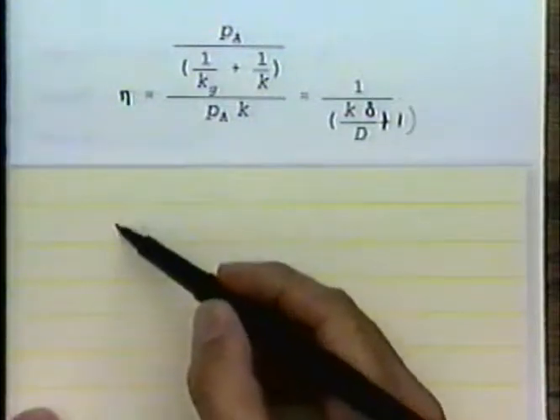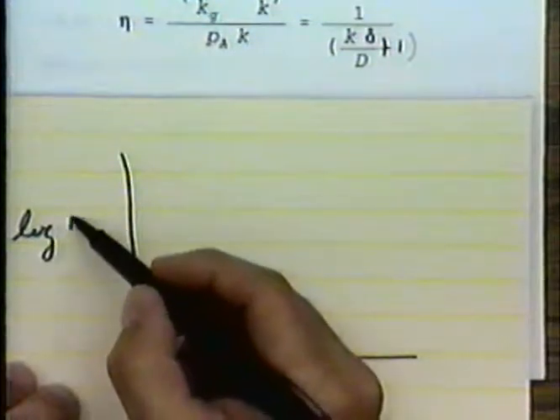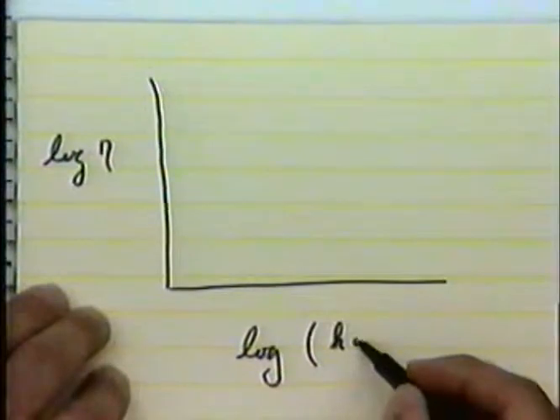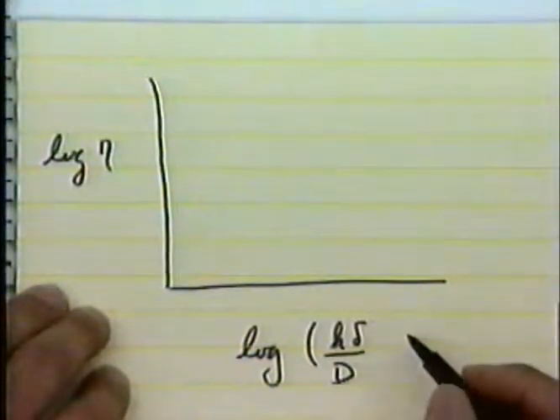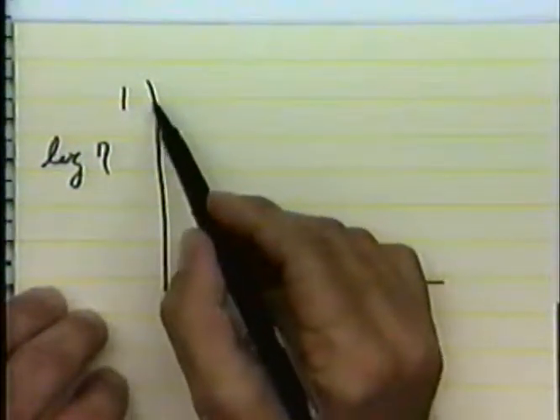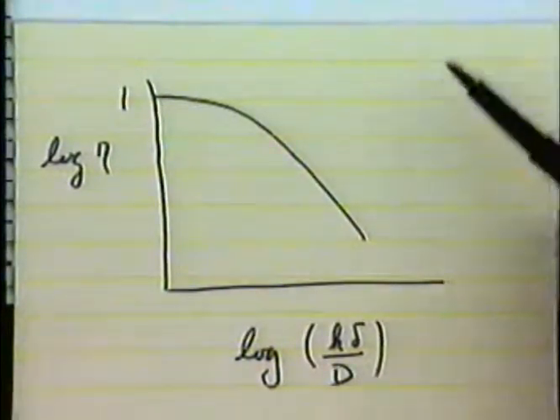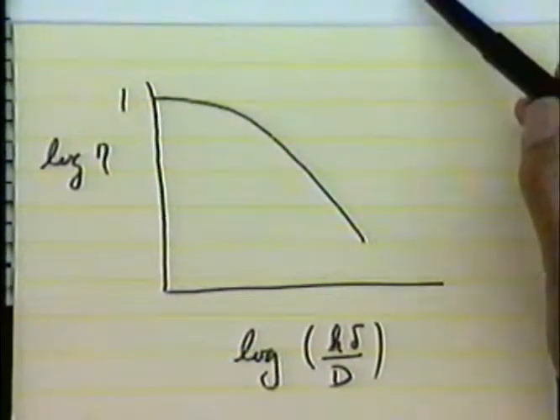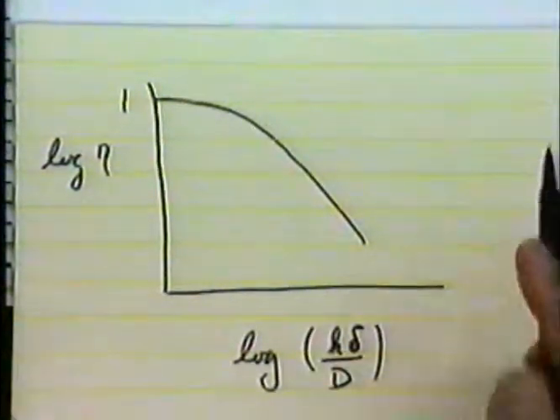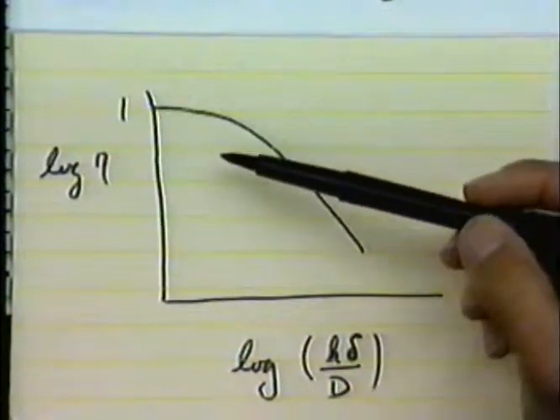We may plot the log of eta divided by the log of kg over D. This will be 1 here, and this will be a plot like this. That means that as delta, the film thickness, increases, the utilization of the surface decreases. That is, the rate that we see will decrease.